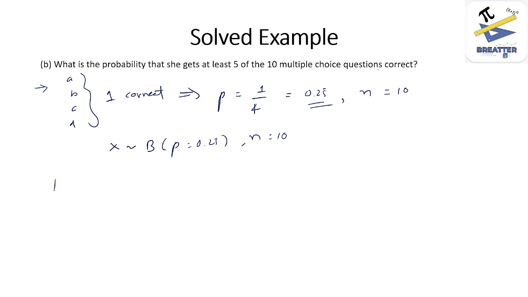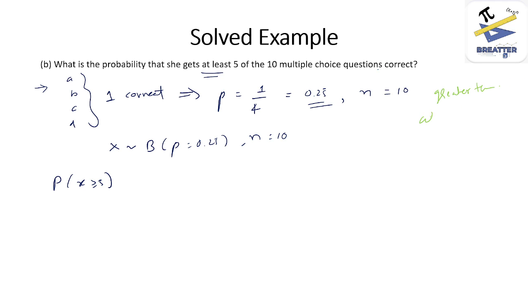By writing our answer, that is P of X greater than or equal to 5. Here we have to note that it is mentioned at least 5. Now let us take some small note: when to use greater or equal, when to use less than or equal. If it is mentioned greater than, then it is okay.